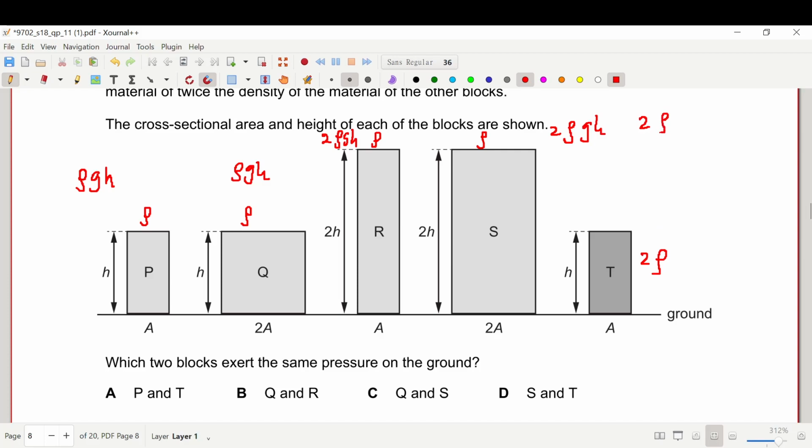This is also 2 rho GH, which two exert the same pressure on the ground. Now he's basically S and T, what's that? Exert the same pressure on the ground.